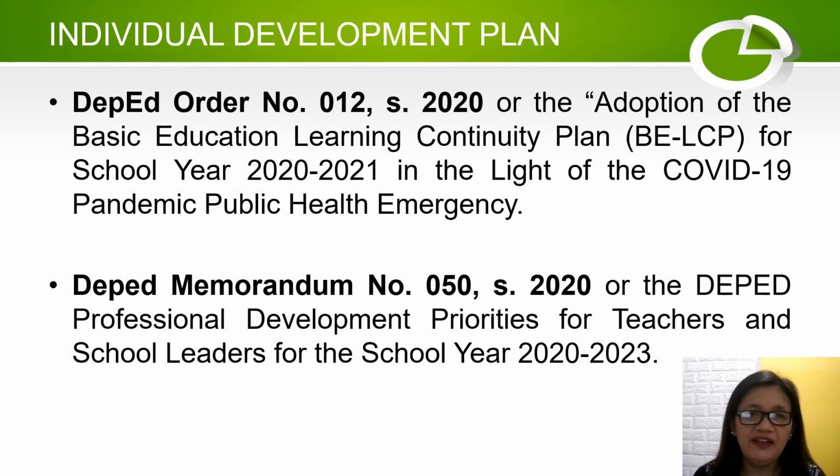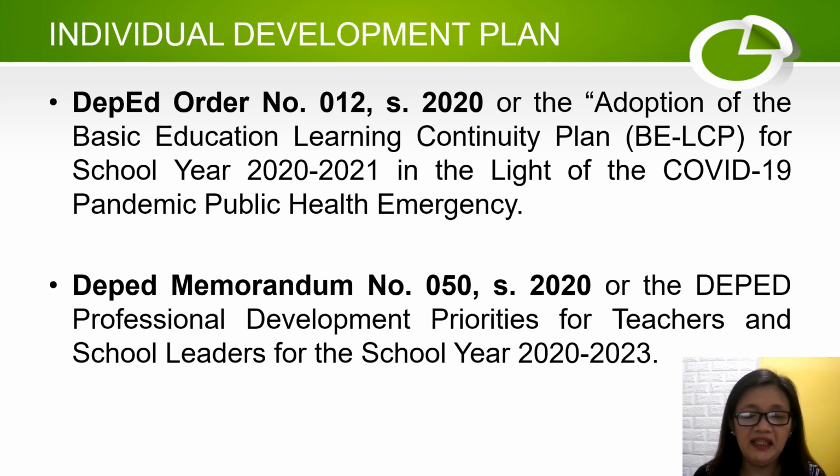In drafting the individual development plan, or the IDP, it must be aligned with what is mandated in the DepEd Order Number 12, Series of 2020, or the adoption of the Basic Education Learning Continuity Plan, or the BE-LCP, for the school year 2020 to 2021 in the light of the COVID-19 pandemic public health emergency.